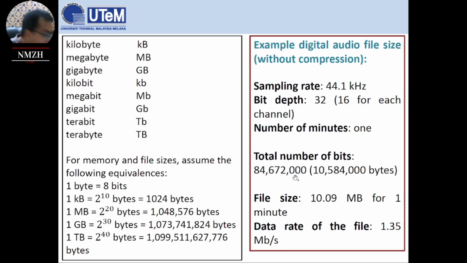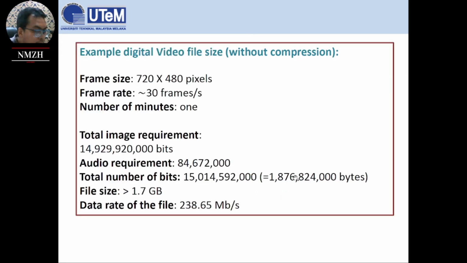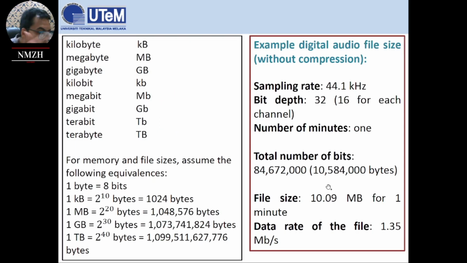Divide by 60, then we have 1,411,200. So that is what we have in 1 second for bits. But here it is megabits, right? So mega means we need to divide by 1,048,576 in order to have 1.35 megabits per second. So that would be the things related to this.